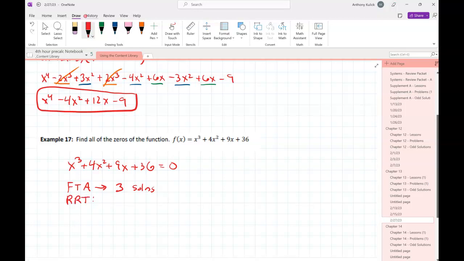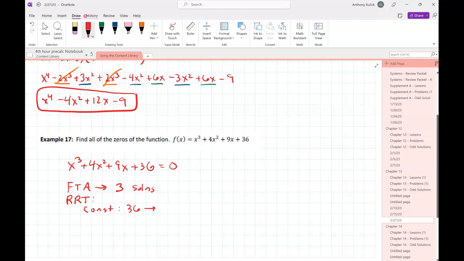Right? And then we're going to use our rational roots theorem to come up with some possible solutions that we could use synthetic division to get. So to use the rational roots theorem, I need the factors of the constant term. What's the constant term for that polynomial? 36.